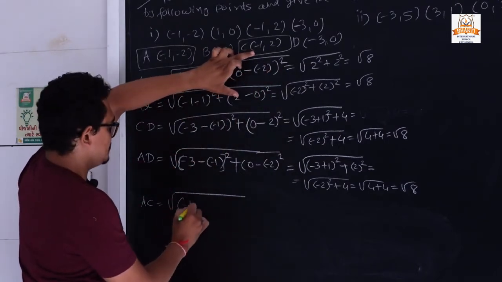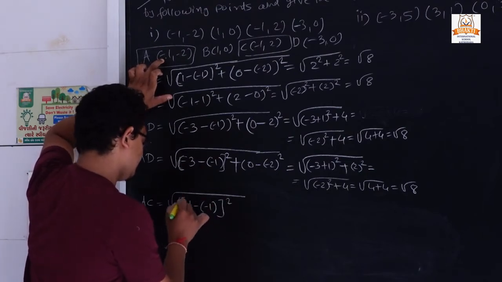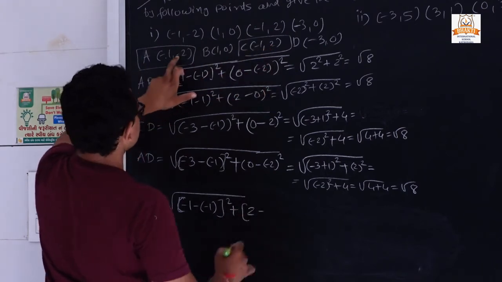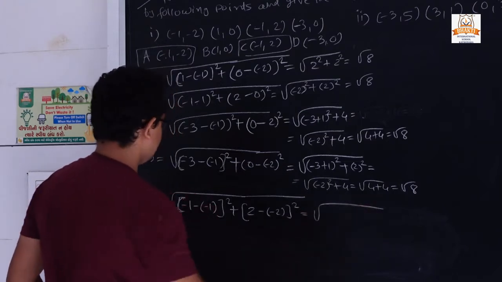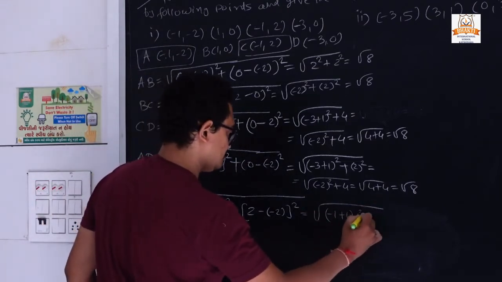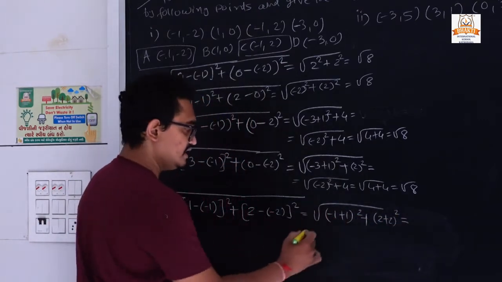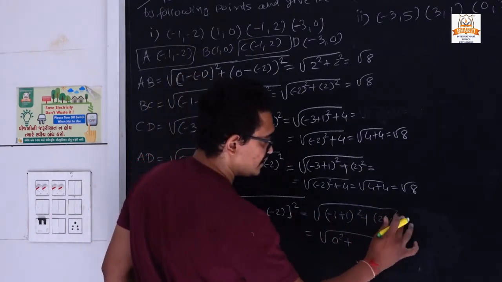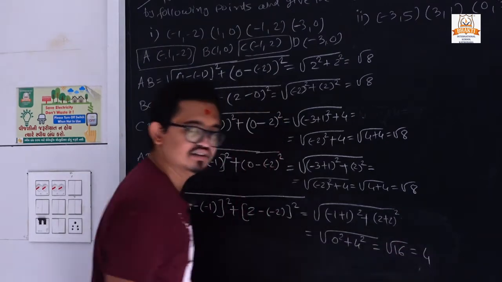So x2 minus x1 all square, then y2 minus y1 all square. Simplifying, minus 1 plus 1 is 0, and here 2 plus 2 is 4, so 4 square is 16, and the answer is 4.